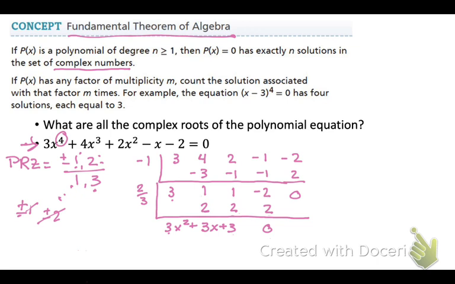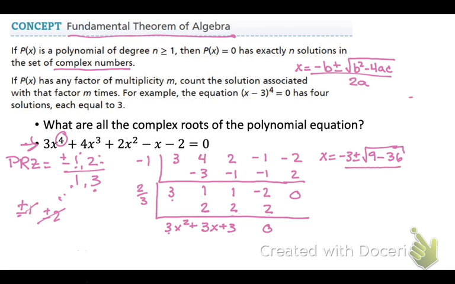The quadratic formula. So x equals, what is the quadratic formula again? Negative b plus or minus the square root of b squared minus 4ac over 2a. Okay, so then it's x equals -3 plus or minus the square root of 9 minus 4ac, so 4 times 9 is 36, over 2a, so 6.